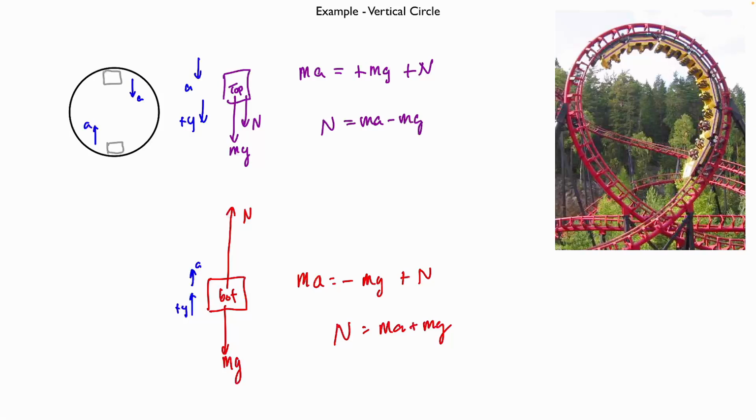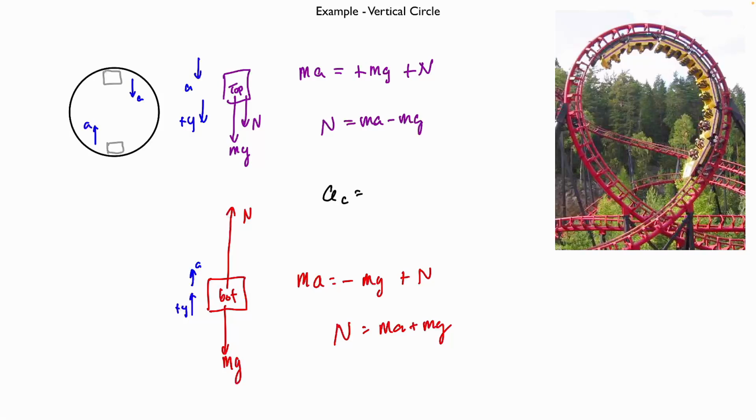So what does that mean for the experience of a person in a roller coaster? If they weren't going around in a circle, if a were 0 and they were moving in a straight line, then in both of these cases we would basically just say it's the weight. Weight's the only thing acting on them. But they are going in a circle. In fact, we know what that acceleration is.